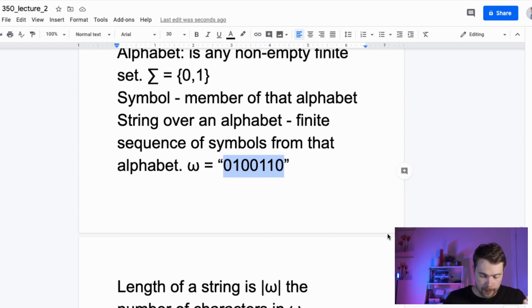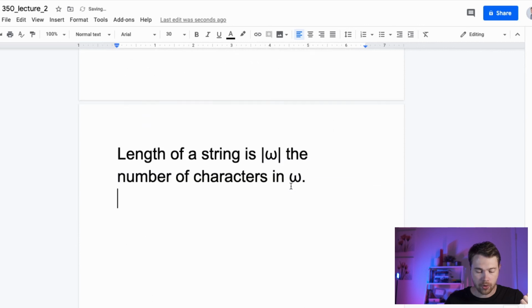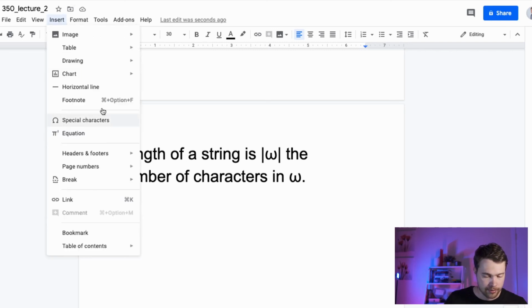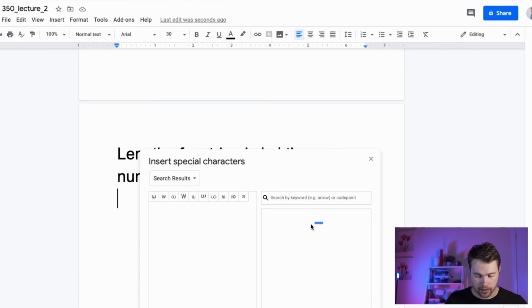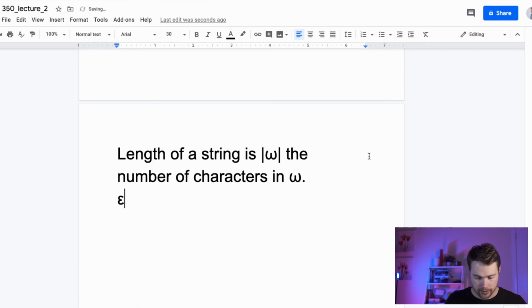There's also something called an empty string. That's a string, which is a sequence of elements that contains a finite but 0 amount of elements, right? So it doesn't contain any elements from that alphabet at all. The empty string is usually written as epsilon.